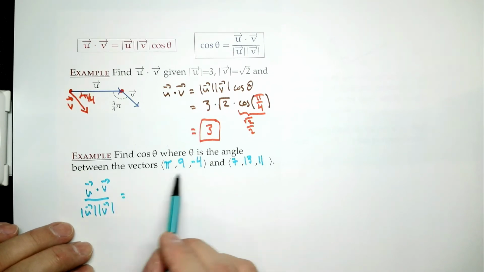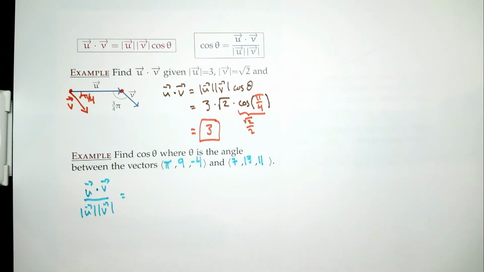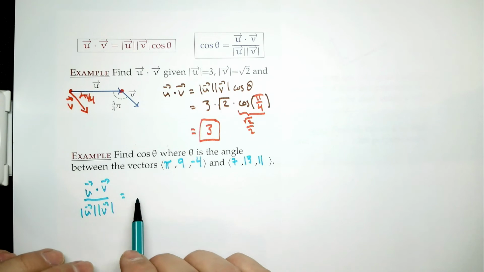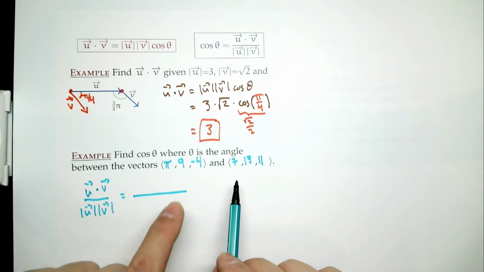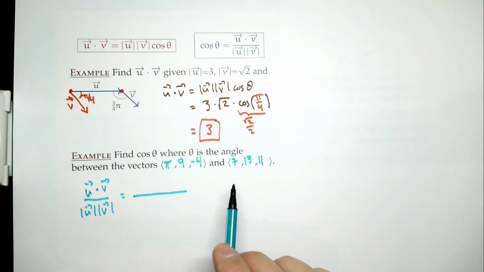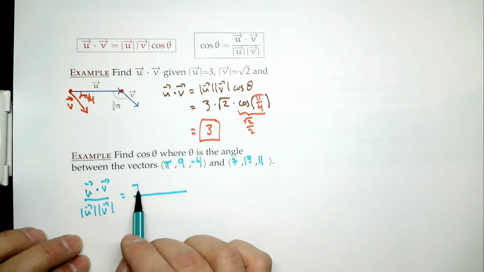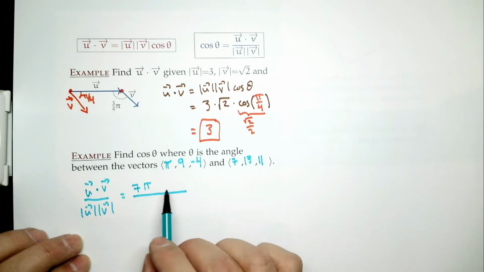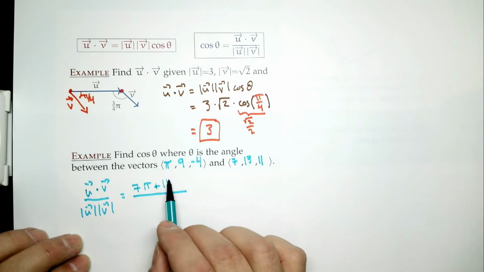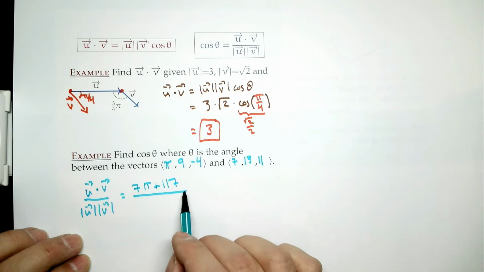So whichever one you call u and whichever one you call v, it doesn't matter because it's symmetrical. So we'll call the first one u. Okay, u dot v, entry-wise multiplication. And you asked for it. You got some fun numbers. Pi times 7. 7 pi. 9 times 13. 117. Good. Minus 4 times 11?